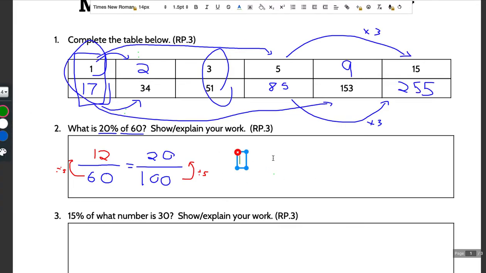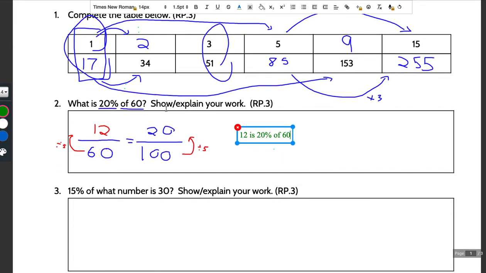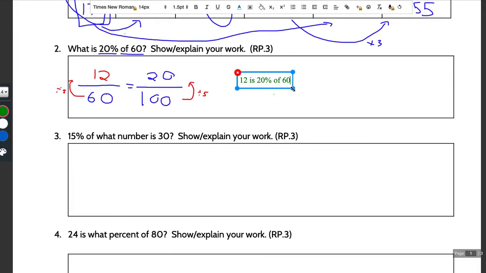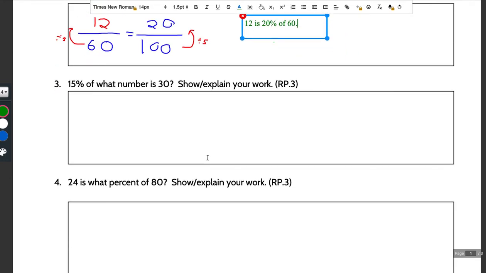So you could say 12 is 20% of 60. And that makes sense because 20% goes into 100 5 times: 20, 40, 60, 80, 100, and 12 times 5 also gets you to 60. I'm not going to write a sentence for each of these because I'm just going through the work to have you double check it, but in the assessment, of course, you want to write out your answer as a complete sentence.